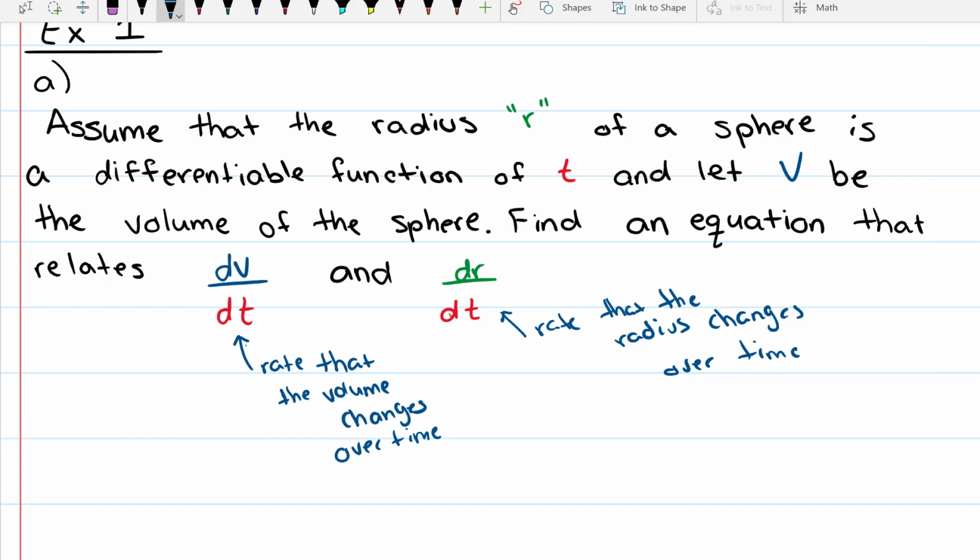So what we have here is we want to know as the radius gets bigger or smaller, so will the volume. This is because if you have a sphere and the radius gets smaller, so does the volume. So we want to know how fast the volume is changing.